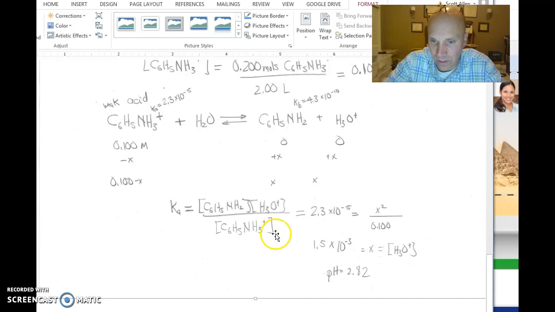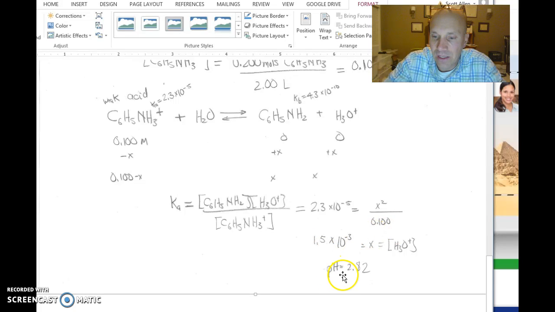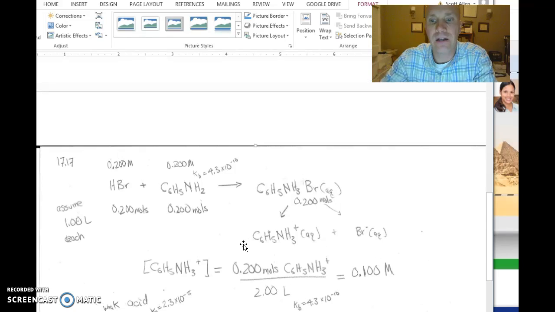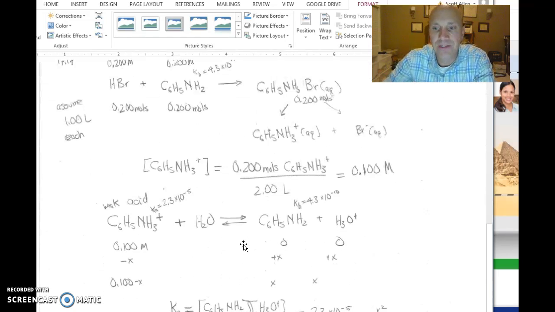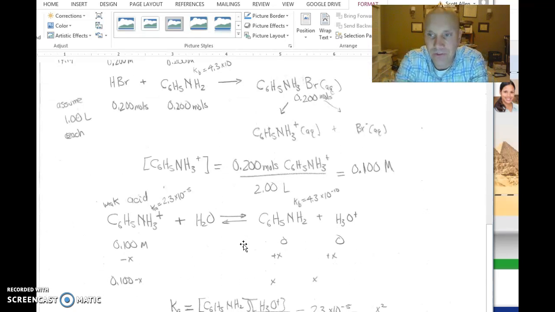Since it's a weak acid, we can assume that 0.100 minus x is roughly the same thing as 0.100, and we end up getting a pH of 2.82.